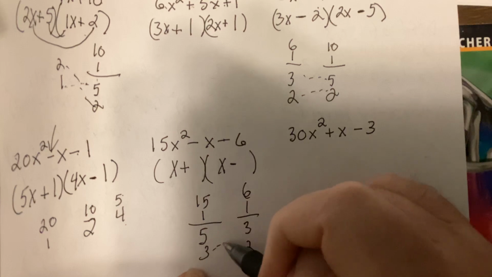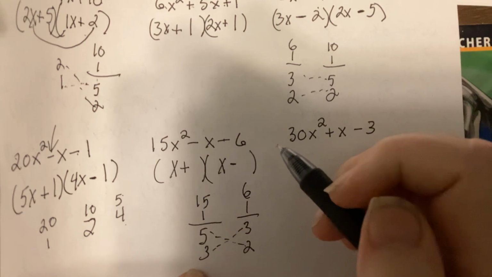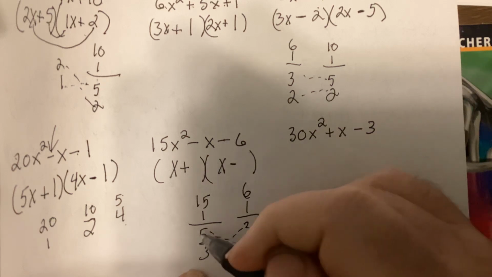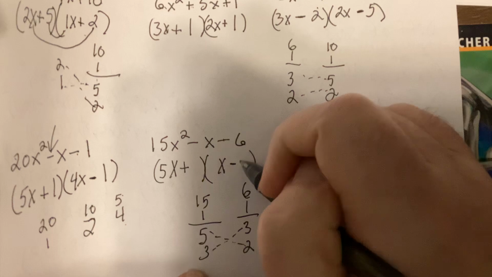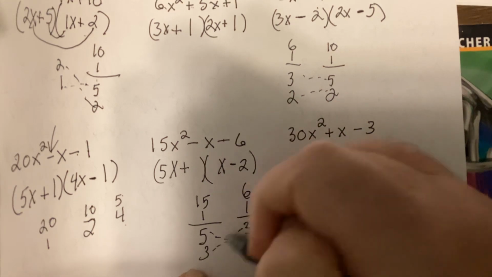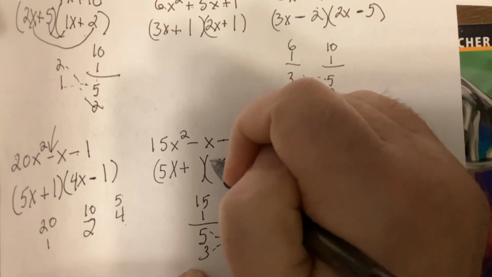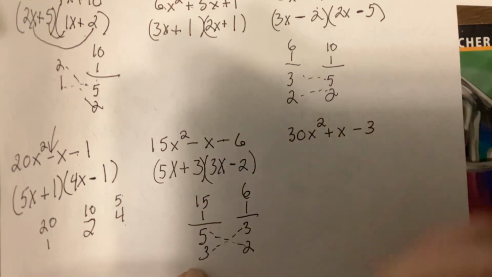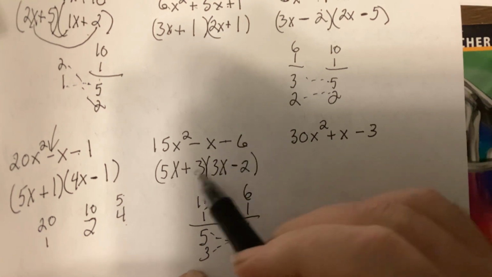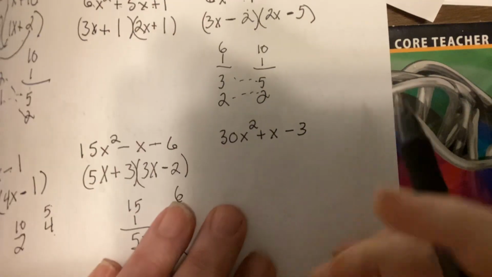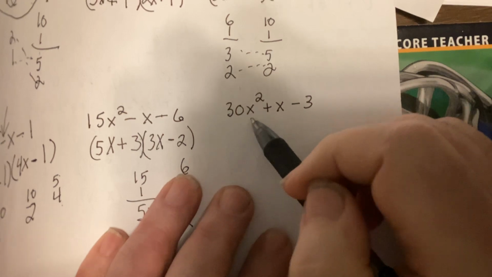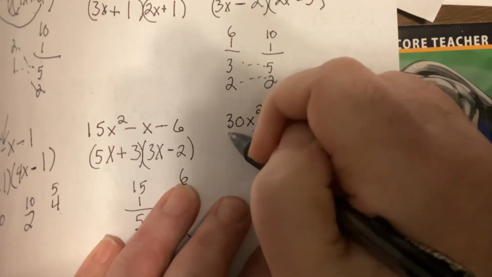How about 3, 3, 5, 2? 5 and 2 is the biggest, because it's 10. This is 3 and 3 is 9. I do believe that is the answer. 3 times 2 is 6. 5 and 3 is 15. See if you can figure this one out by yourself and then turn me back on.